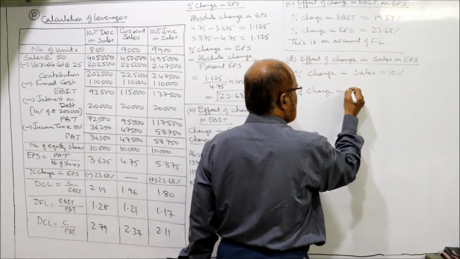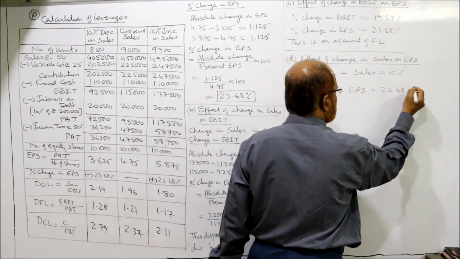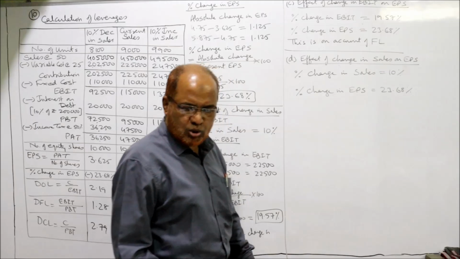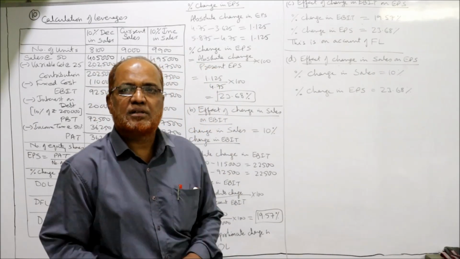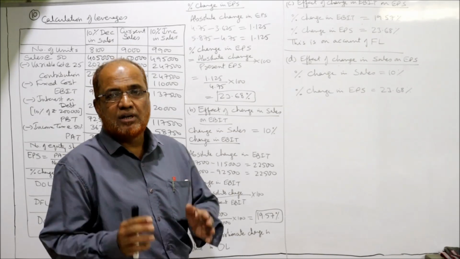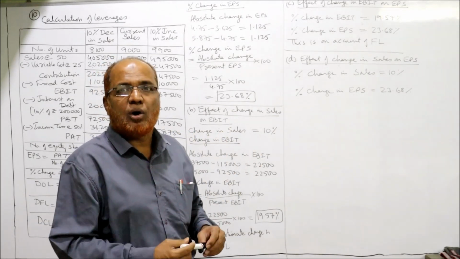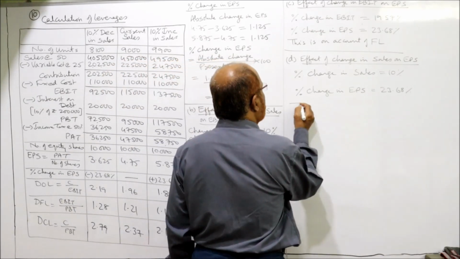Percentage change in EPS is equal to 23.68. Sales changed only 10%, whereas EPS changed 23.68%. This disproportionate change in sales and EPS is on account of combined leverage.